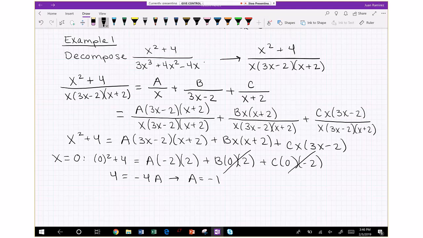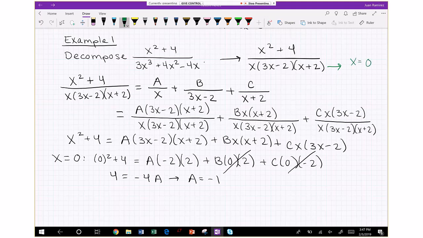Now I know what a is. I still want to know what b and c are. What we end up doing is substituting the zeros of that denominator. If we look back up here, the zero of the first term in the denominator, x, was x equal to 0.